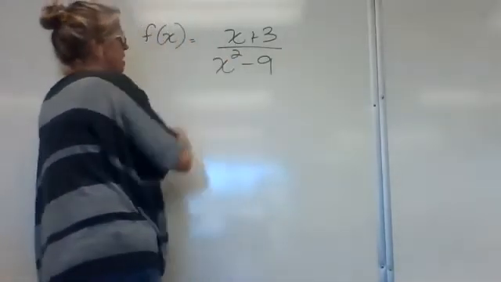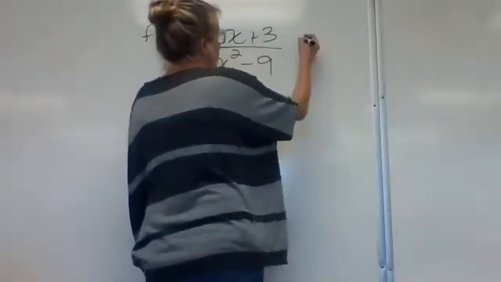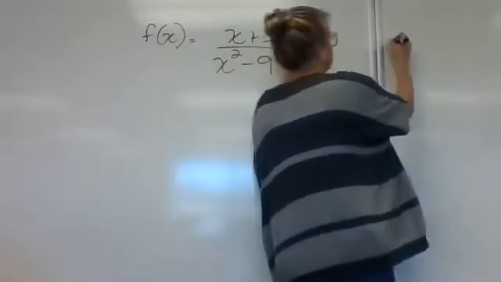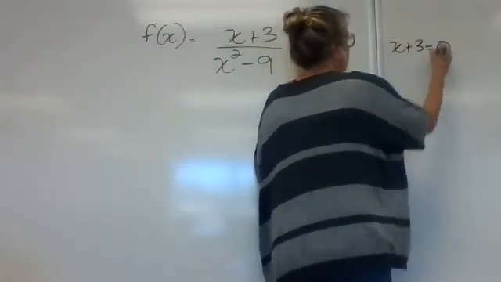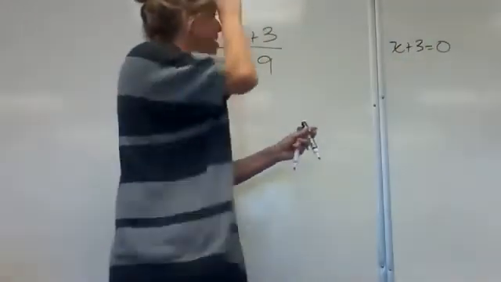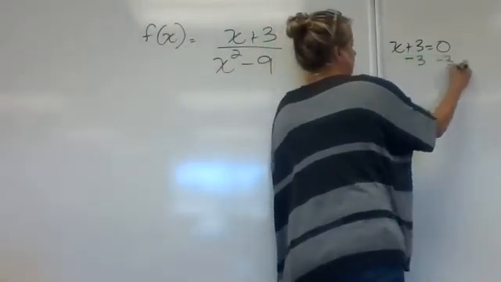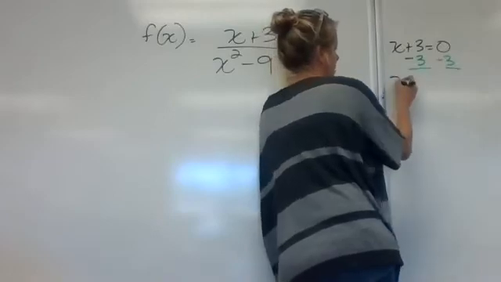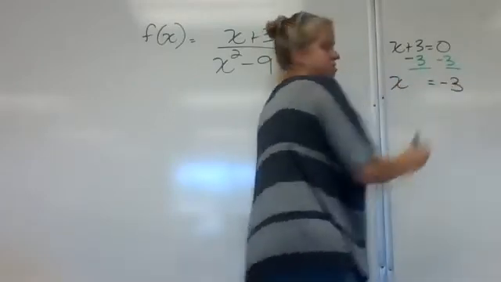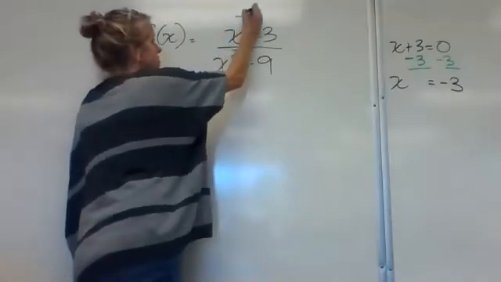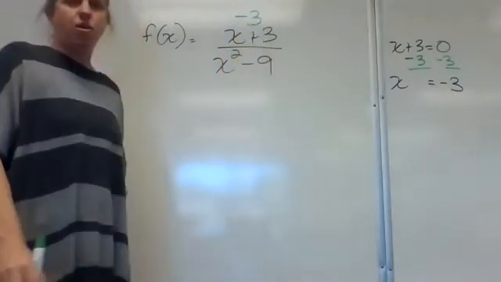Up here, x plus 3 equals 0. Solve that for x to find its zero. I'll subtract the 3. So x equals -3. I'm just going to write this up here in another color: -3 is the zero of the numerator.